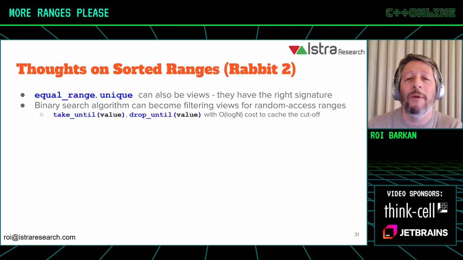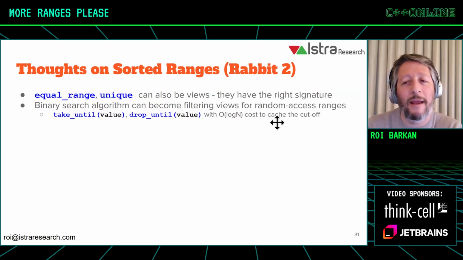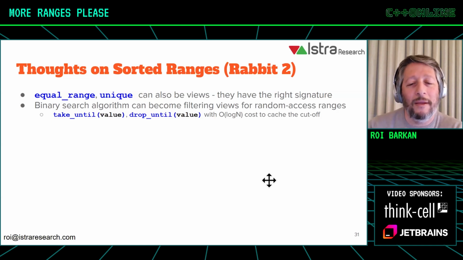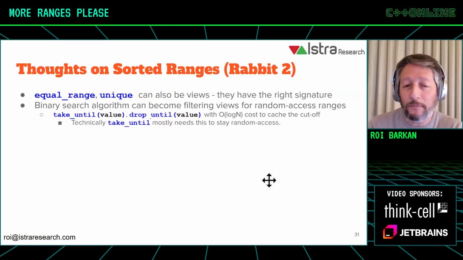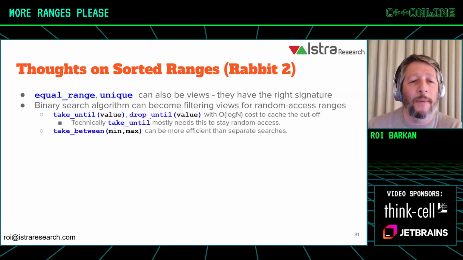So potentially we can implement range adapters called take until and drop until, which will basically behave very similar to take and drop, but can be faster in terms of runtime complexity, because they know that the input is already sorted. And technically, take until only needs its input to be random access. Then we can also implement the take between.